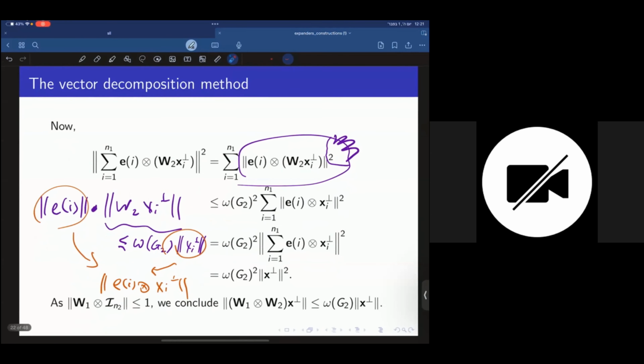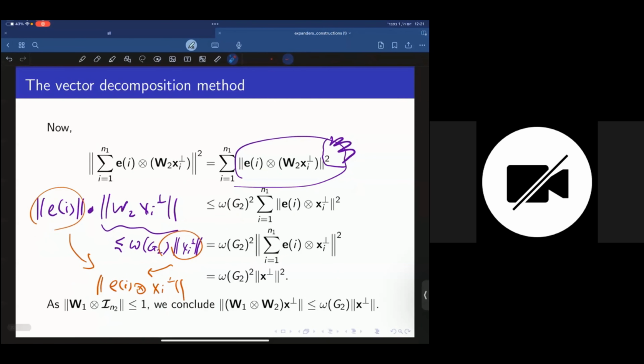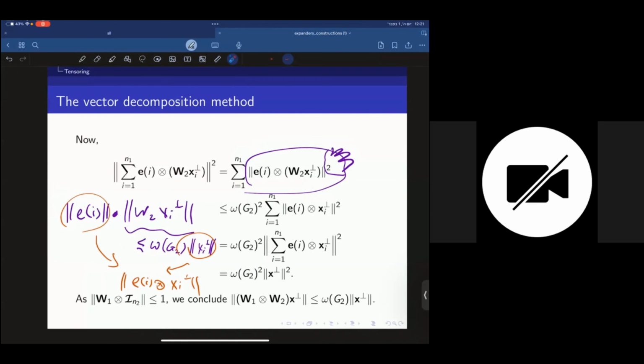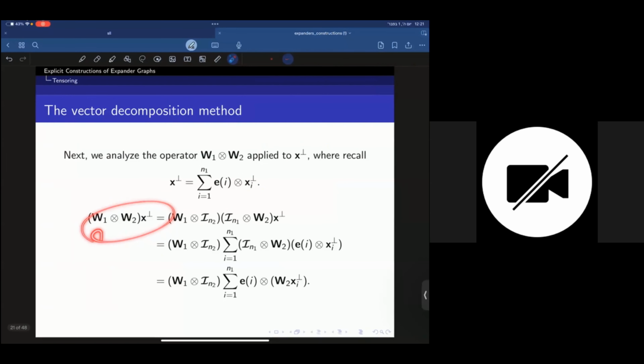And now I'm again using the fact that they are orthogonal, for the same reason: things live on different blocks. And then use the fact that, by definition, X perp is just this sum. So at the end of the day, let me remind you, we started here. I told you let's ignore that for a second and look at that thing.